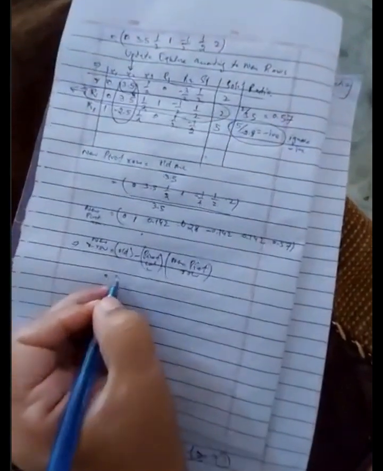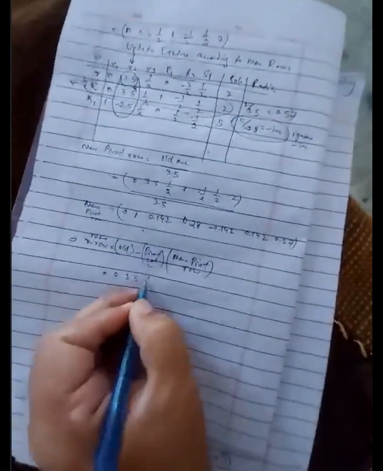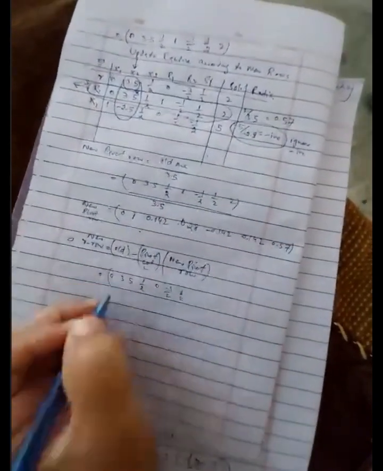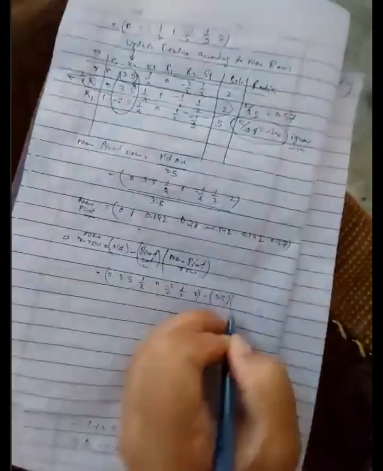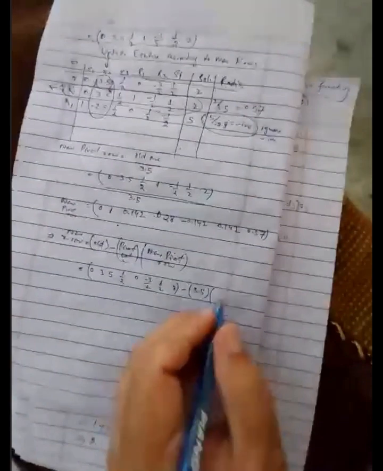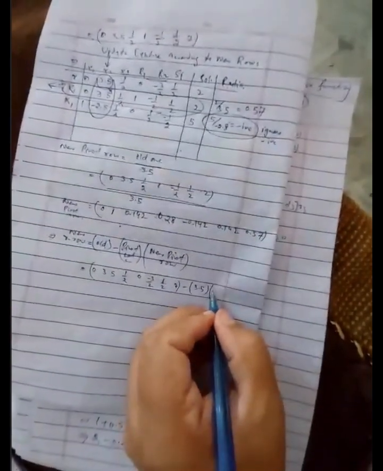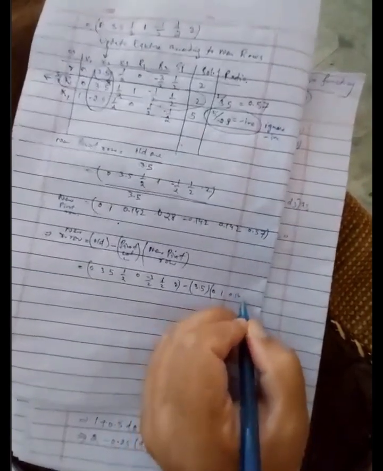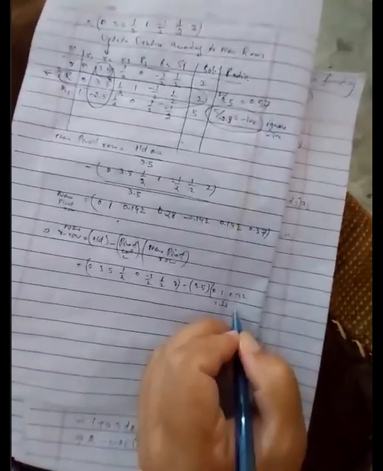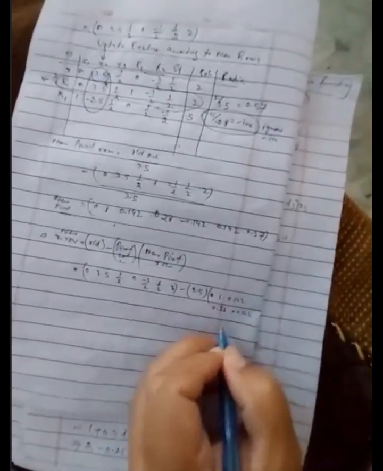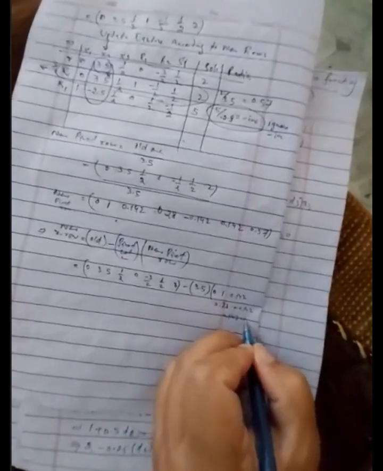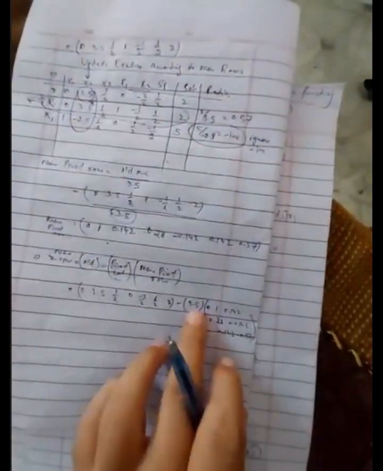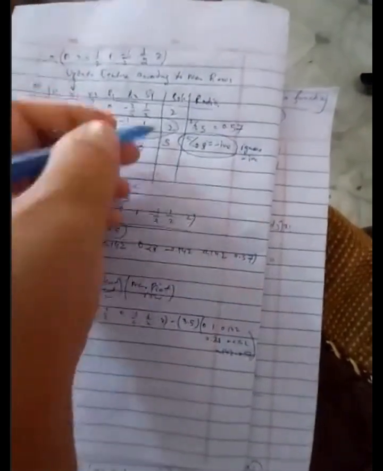So the old one is 0, 3.5, 1 over 2, 0, minus 3 by 2, 1 over 2, and 2, minus the pivot column coefficient, which is 3.5, multiplied by 0, 1, 0.28, minus 0.142, 0.142, 0.57. We divided it by 3.5, and now we multiply it by 3.5, so it will give us the same R1 row.